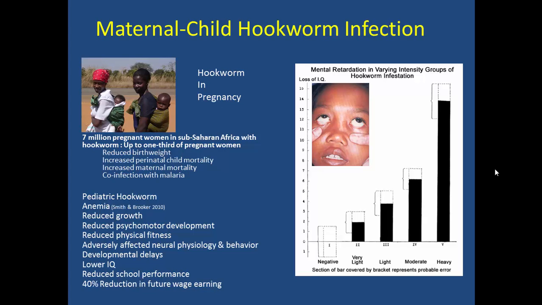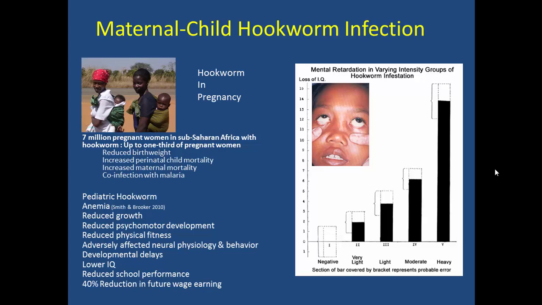Children who are born with hookworm infections, or get infections in the early years, from 0 to 5 years old, can get anemia, reduced growth, and impaired psychomotor development, which can actually lead to lower IQs. There's a study showing that the mental retardation resulting from severe hookworm infection can be quite significant.